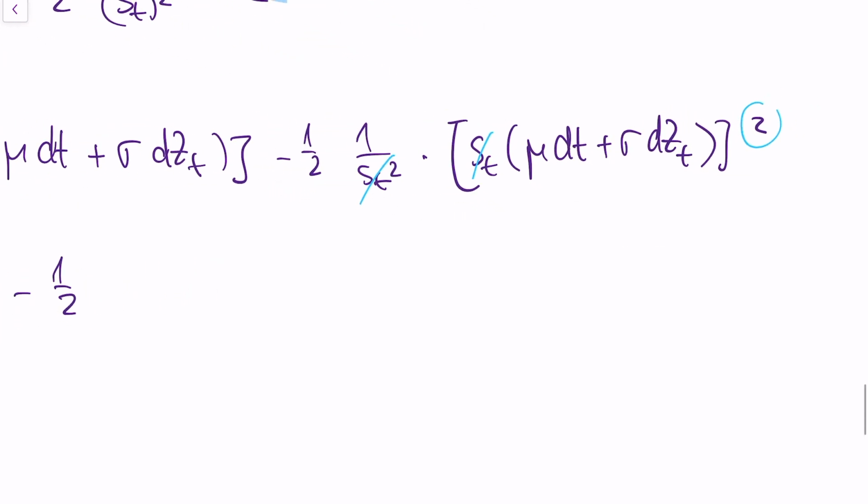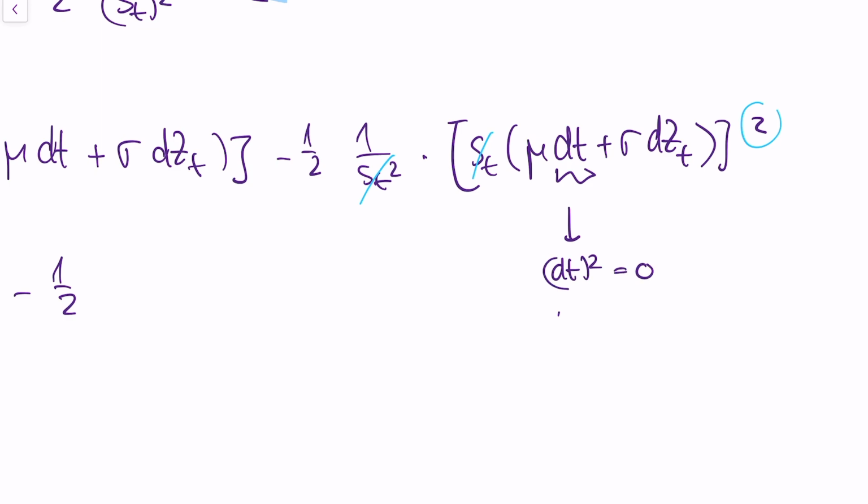Then I told you that d is a small change in time. So dt is a small change in time, and if we have small increments, then the dt squared terms are equal to 0, right?